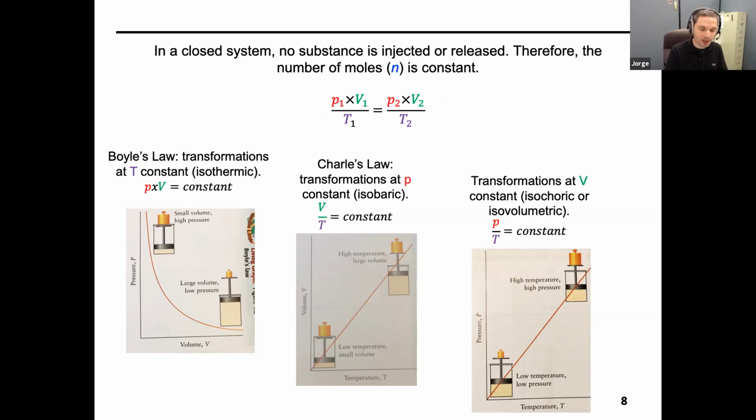Then pay attention to which variable is going to be constant, and if something is constant and shows up on both sides of the equation, you may just cancel it. So start from the general, figure out if one of the variables is kept constant, and then cancel this variable and work with what's left in the equation.